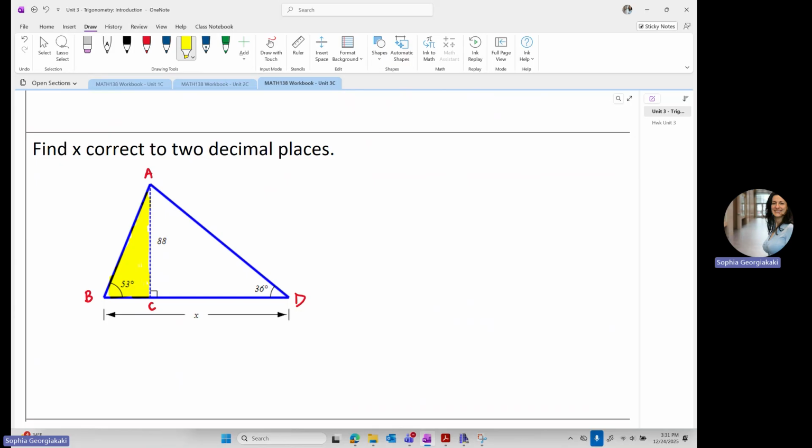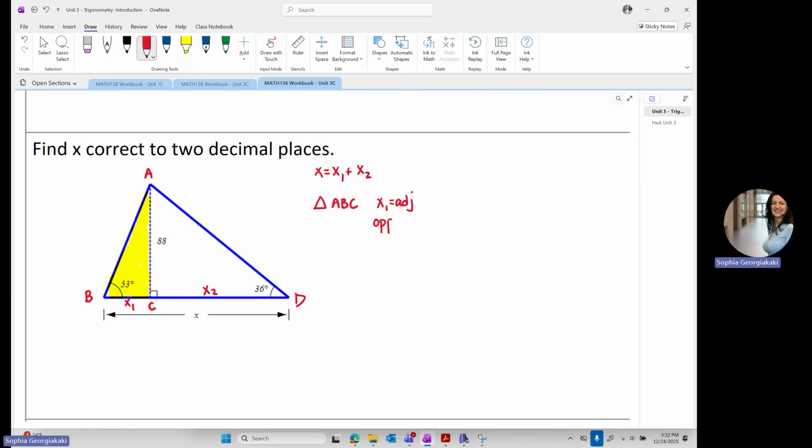And x is not a side in either of them, but x can be composed from x1, which is BC, and x2, which is CD. So x can be equal to x1 plus x2, and x1 and x2 are legs of right triangles. In the triangle ABC, B is the angle at 53, x1 is the adjacent, and for that triangle, I also know AC, which is the opposite.